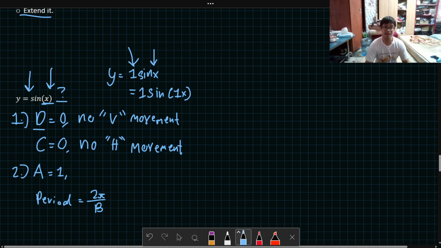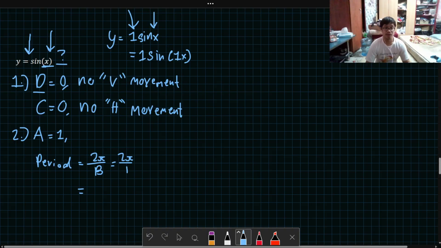Therefore, the b, which is the coefficient of x, is 1. So your period is simply 2 pi.